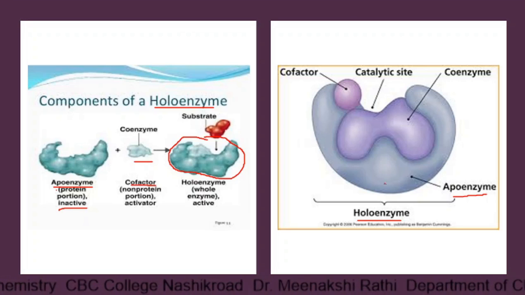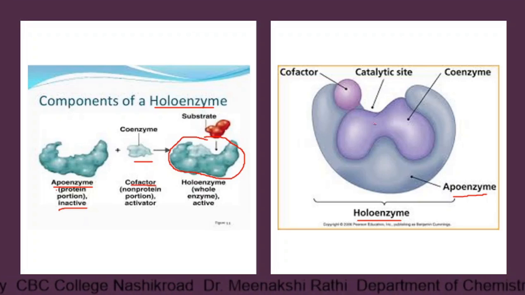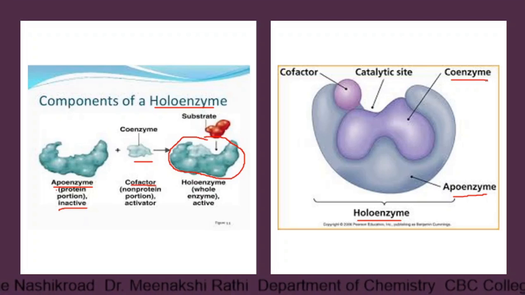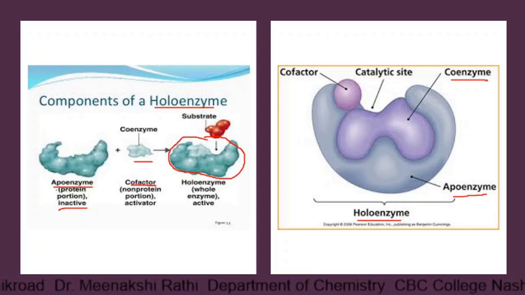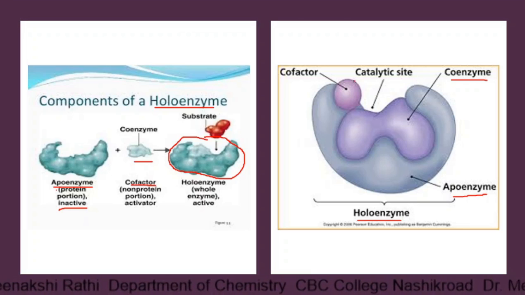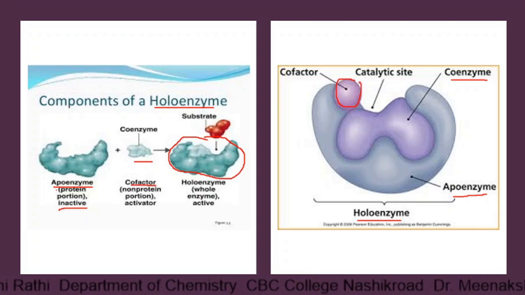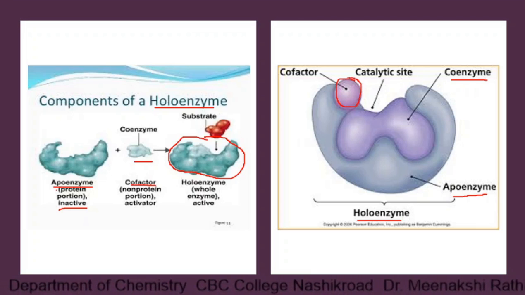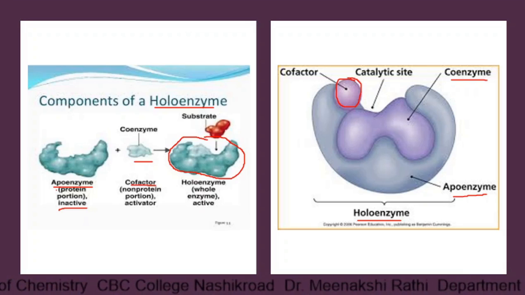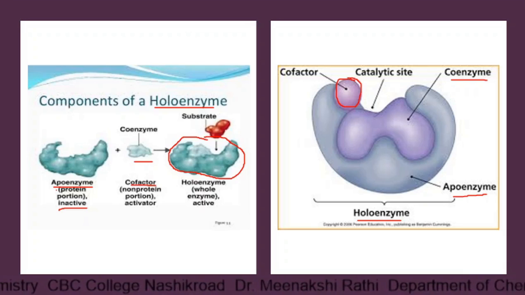Now along with this apoenzyme there is one more part, a non-protein part, the coenzyme, and along with coenzyme one more non-protein part is there, that is called cofactor. And when all these come together, the enzyme becomes active.